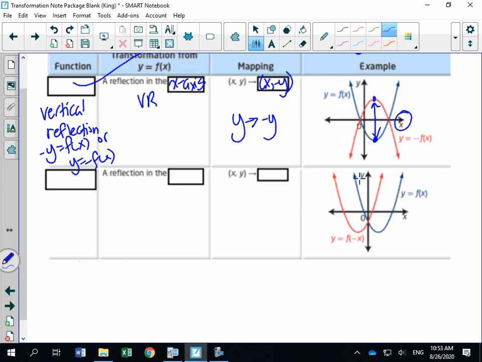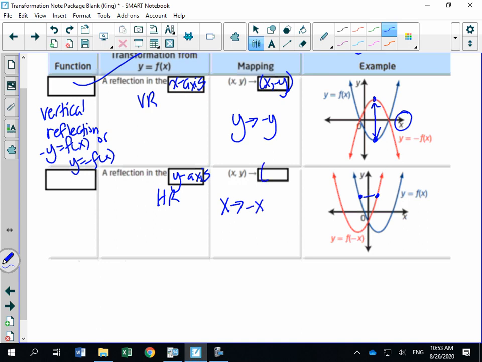This graph here is going to undergo a horizontal reflection. So this point on the graph is now this point, right? So that's going to be a horizontal reflection. That's a reflection in the y-axis. The mapping is x is going to negative x.